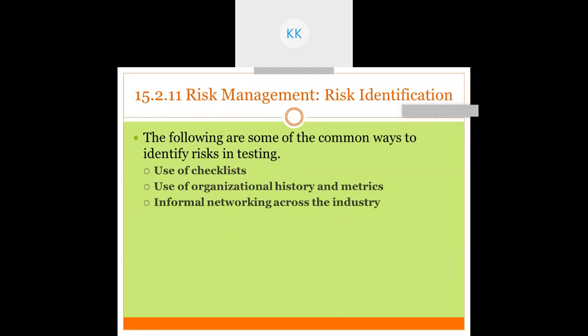We study only the programming system, right? So, a person who is in the domain can very easily and effectively explain to you where you can identify the risk in a banking domain, right? So that's what informal networking across the industry is.